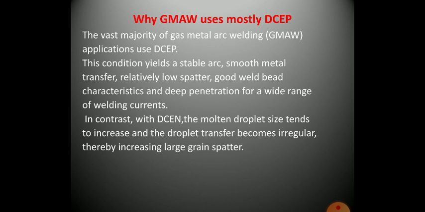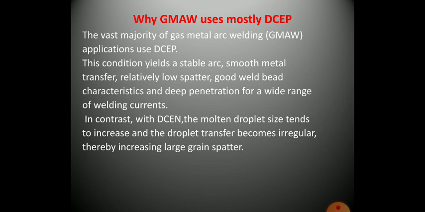Why we are not utilizing it is that it leads to a larger molten droplet, and the transfer mode becomes irregular, thereby increasing the large grain spatters. That's the reason direct current electrode positive is utilized, for minimizing these kinds of problems in the GMAW process and to provide better quality, defect free welding.